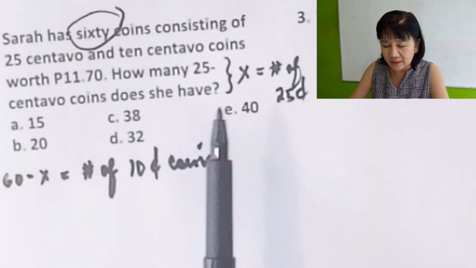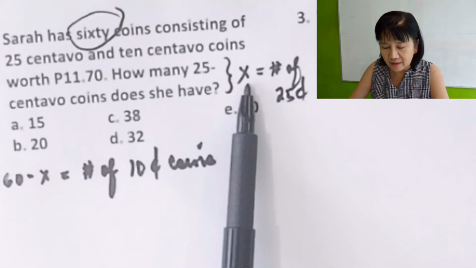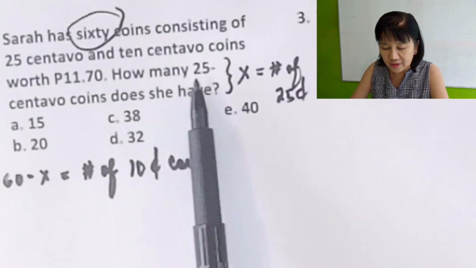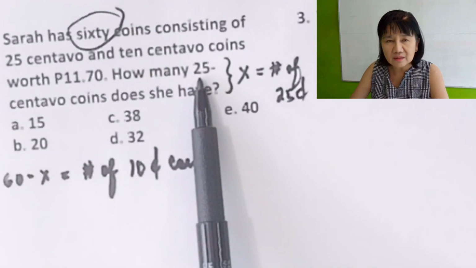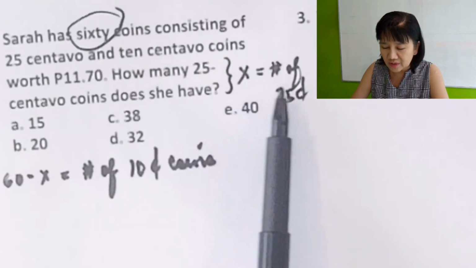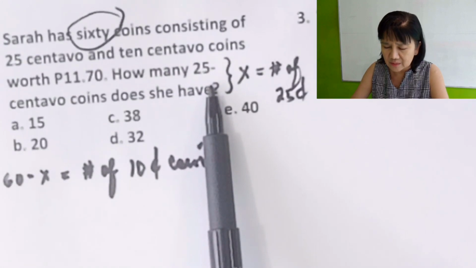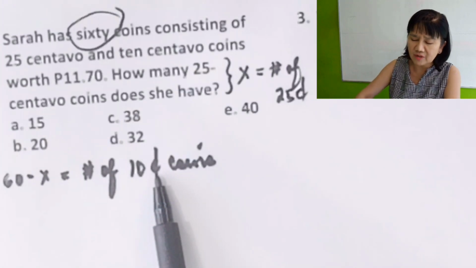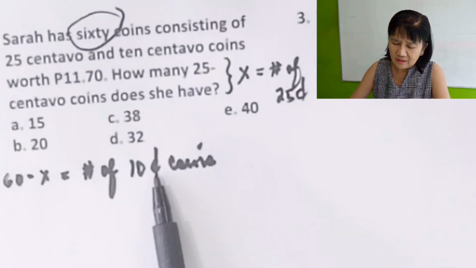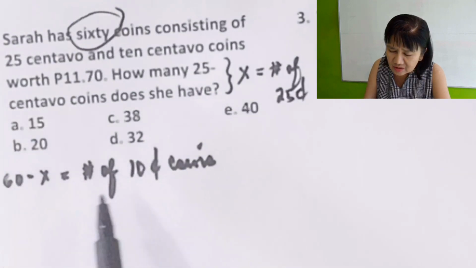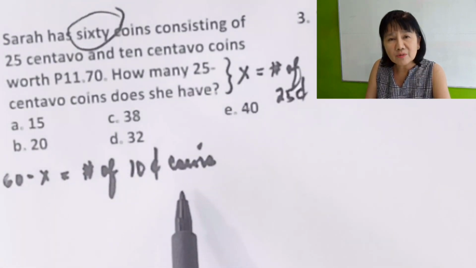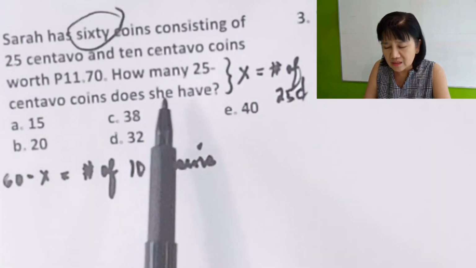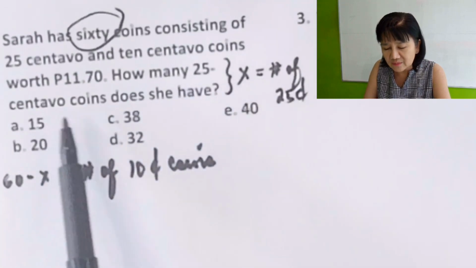Why did I let X be the number of 25 centavo coins? Make it a habit to let the variable X, A, B, C, D, any English alphabet be the variable for the unknown, so that when you solve for X, you know that this is already the final answer. Because sometimes if you let X be the number of 10 centavo coins and you solve for X, and then you immediately encircle the number you got for X, you realize that the problem is asking for the 25 centavo coins.